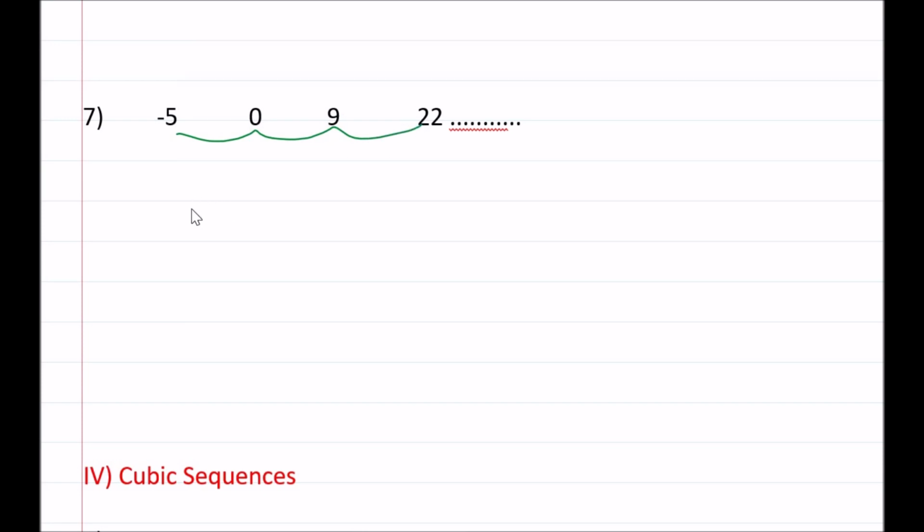Here differences are 5, 9, 13. Let us find the second difference: 4, 4. In this case, 4 divided by 2 gives 2. That means 2n square will be part of the formula.